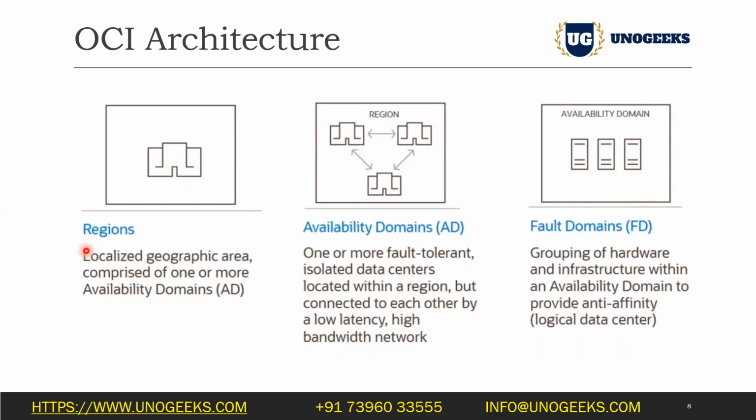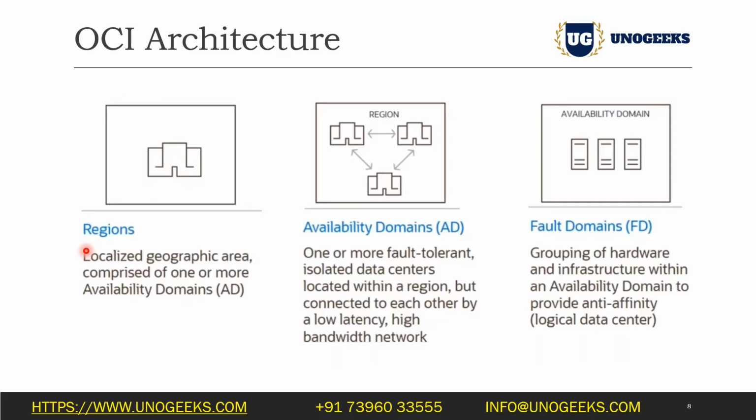To understand, in the traditional case on-premises, we just call this a normal data center, but here they call it a region. Within the region, they have availability domains, which are like data centers, and they have 3 ADs in each region.